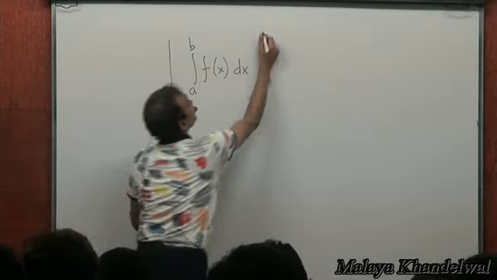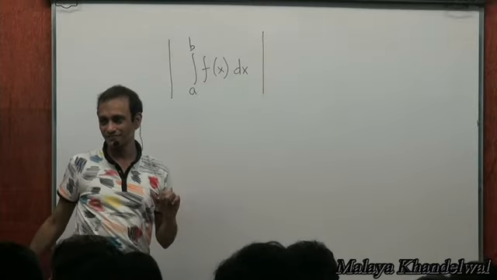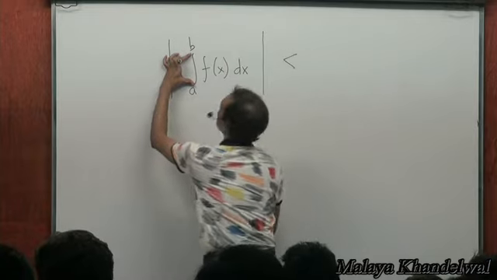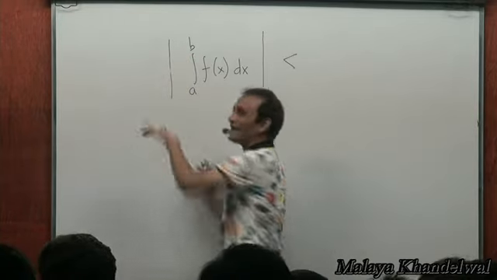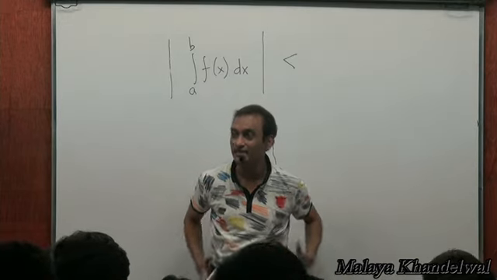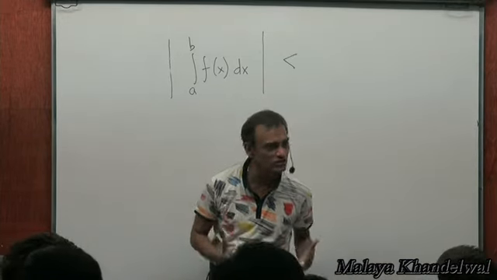So this is like the modulus of the summation, which will be less than or equal to the sum of the moduli. This integral sign is like the summation sign, right? It directs you towards a summation. That's what this integral does.